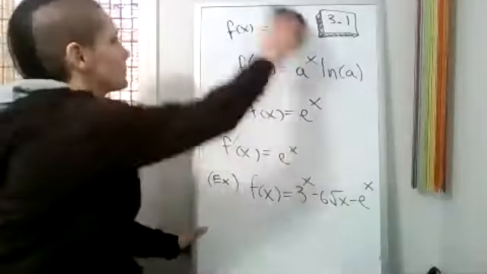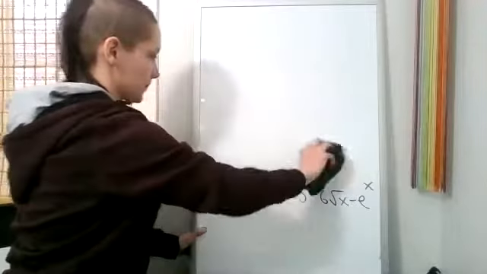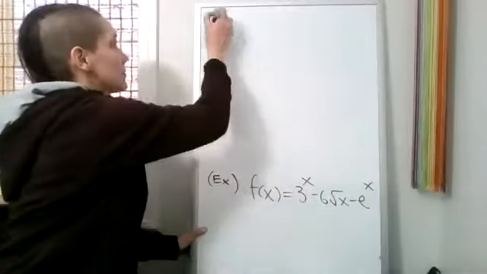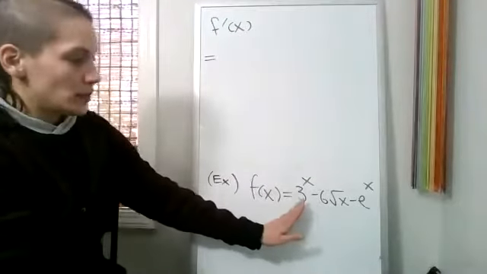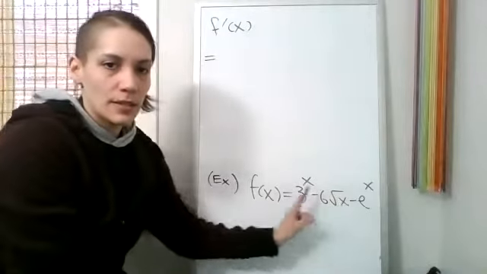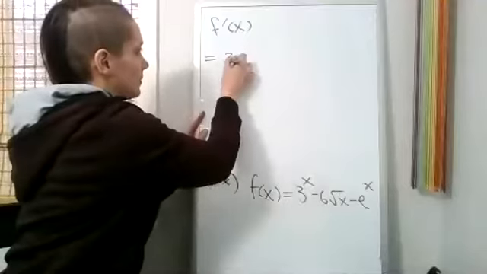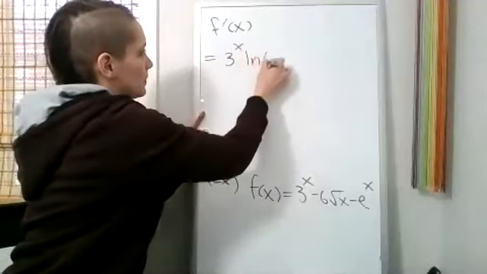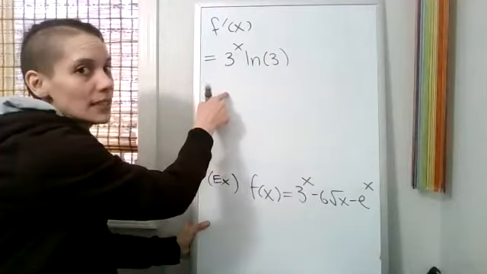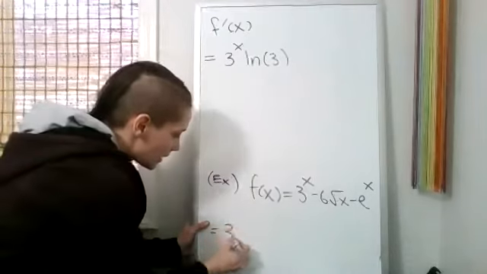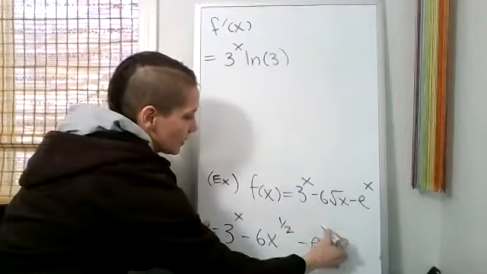F prime. We'll do this piece by piece. So 3 to the x ln of 3. I also feel it would help to rewrite the function, and then we'll go back and continue the derivative. 3 to the x is fine. 6x to 1/2, and that's okay.